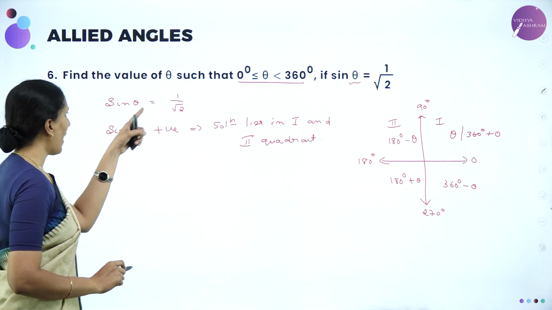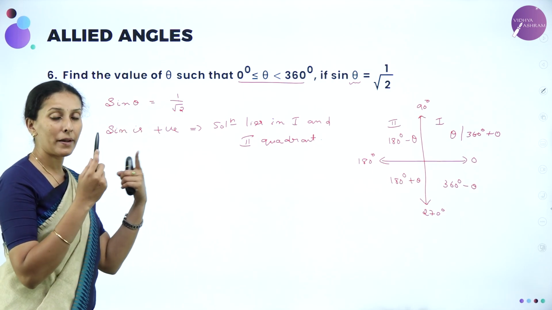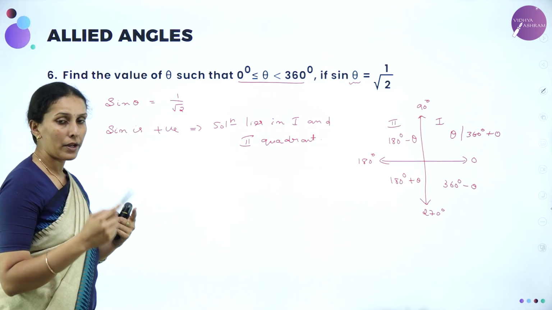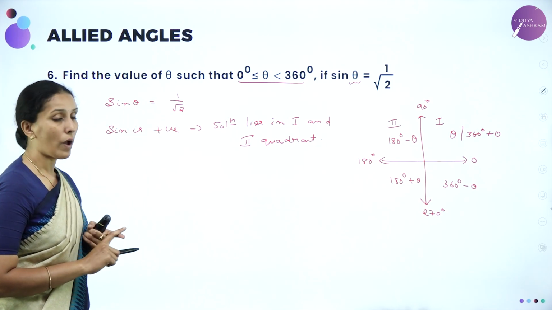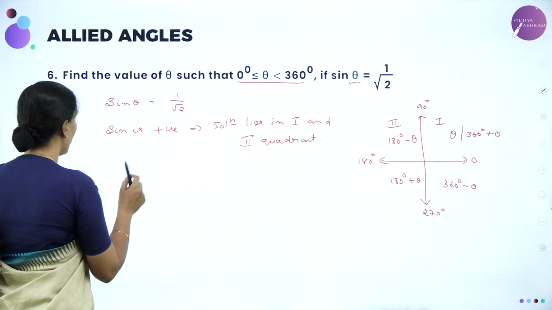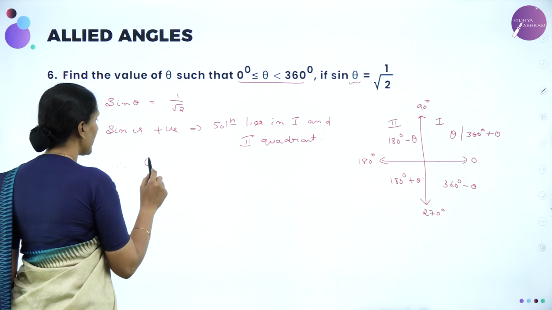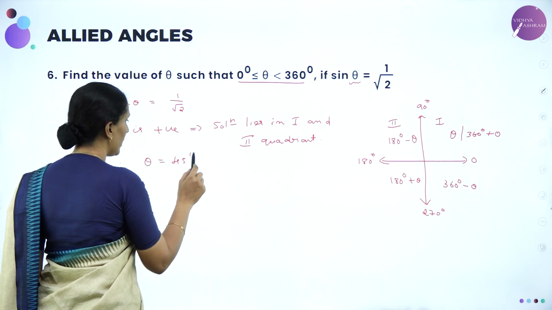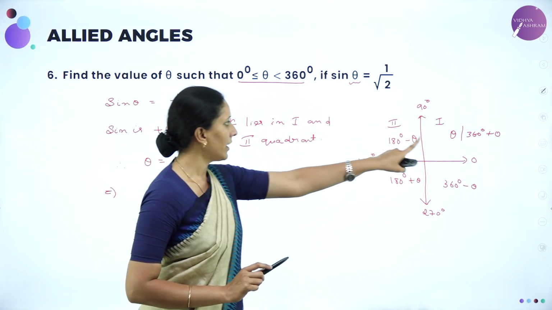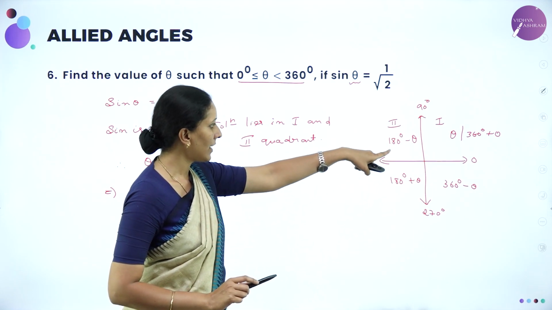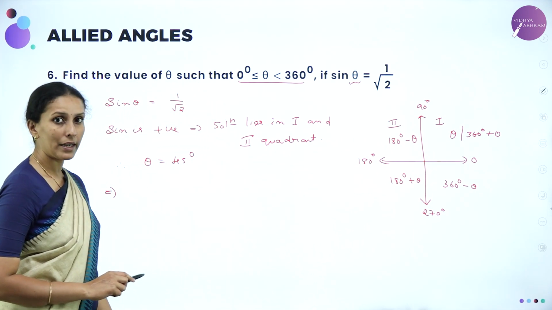Now for what values will we get 1 by root 2? Remember the standard angle: sine of 45 degree is 1 by root 2. So therefore here theta is equal to 45 degree in the first quadrant. But for the second quadrant we will write it as 180 minus theta.